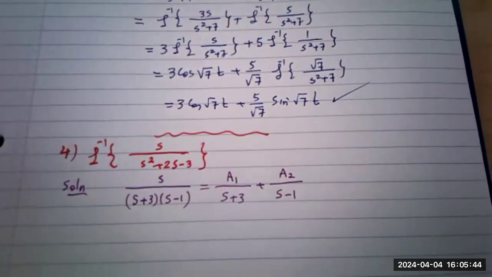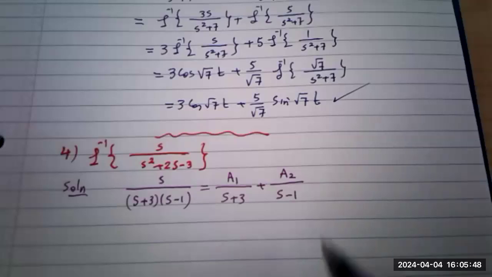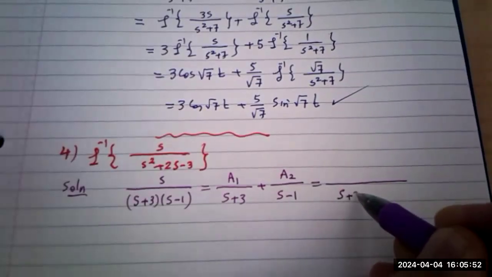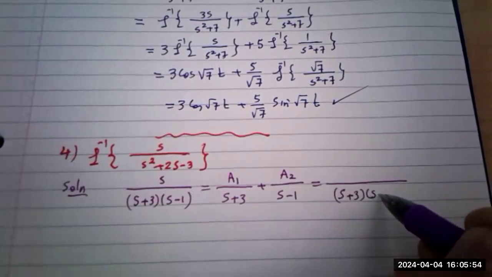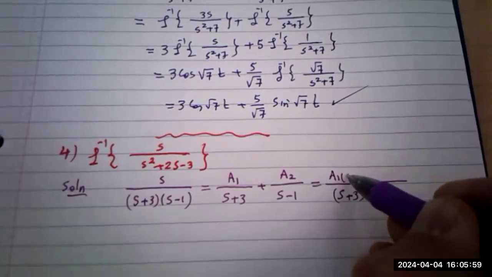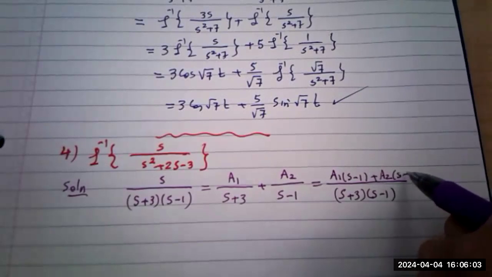You have to find the common denominator, get the tops equal to each other, and find a1 and a2. So we have s plus 3 times s minus 1 in the denominator, and the top is a1 times s minus 1 plus a2 times s plus 3.